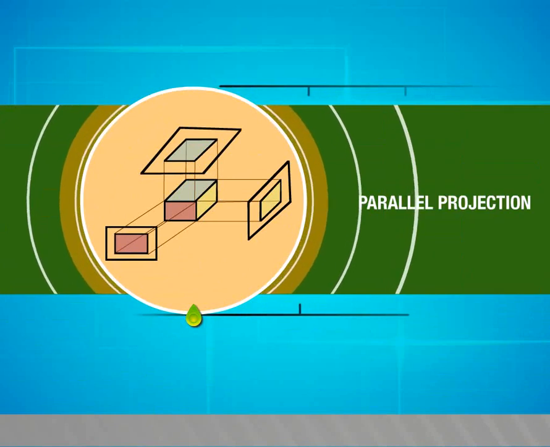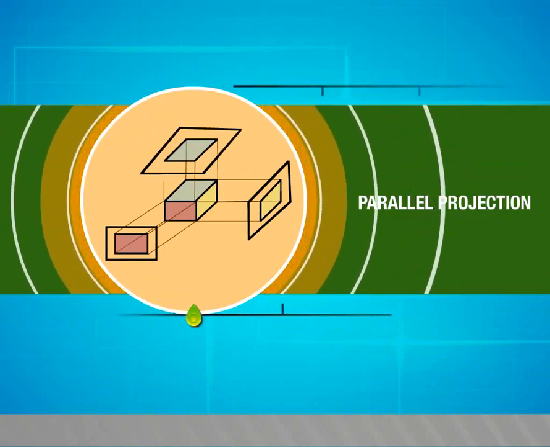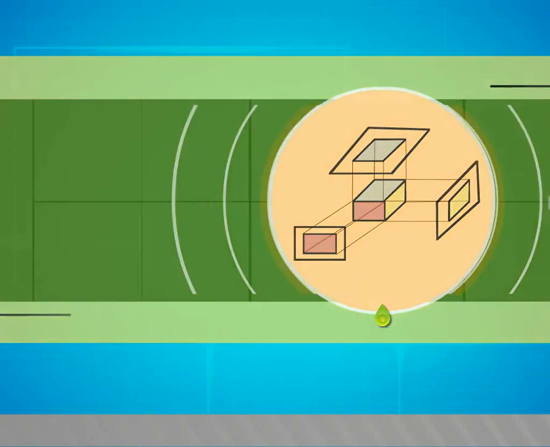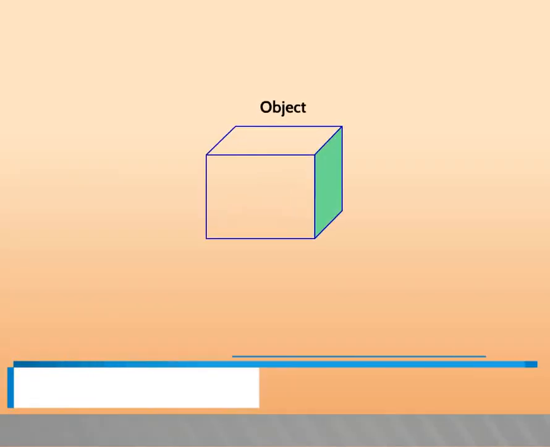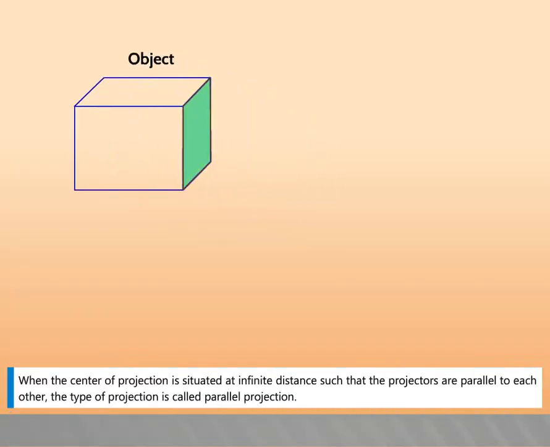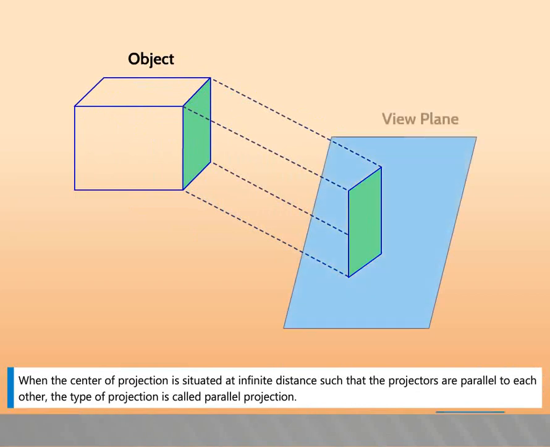Parallel projection. In this video, we are going to see about parallel projection. When the center of projection is situated at infinite distance such that the projectors are parallel to each other, the type of projection is called parallel projection.